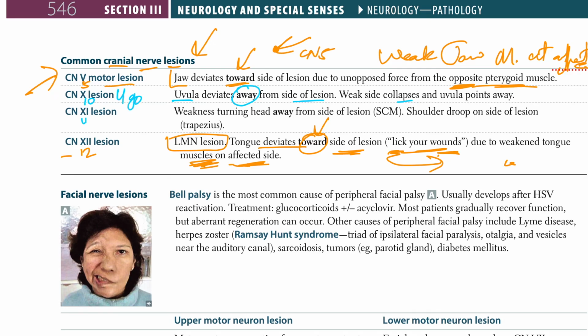You go away. Don't want to talk to you, right? I'm just going to move to the other side. So 10 is you go away. The next is 11. Cranial nerve 11 lesion is going to be weakness turning the head away from the side of the lesion.